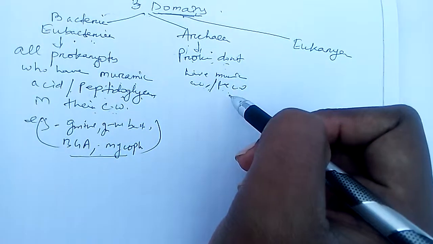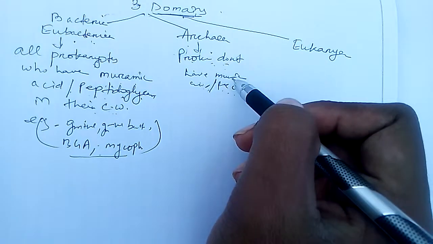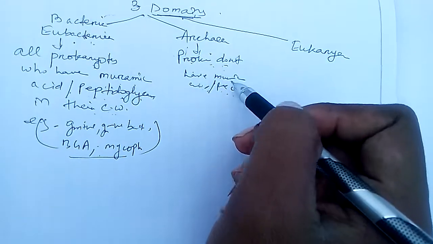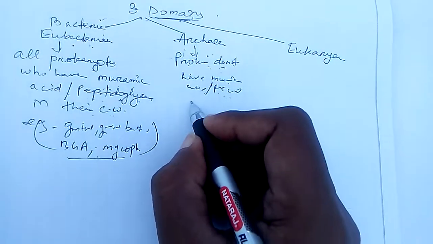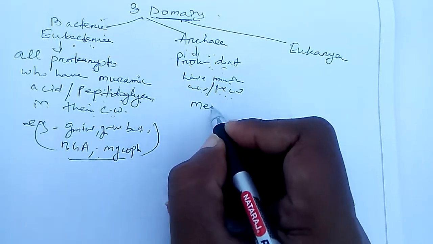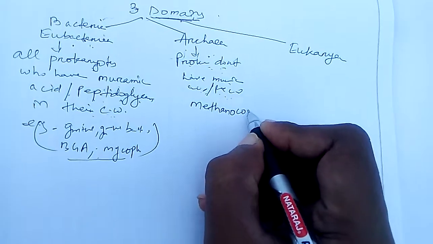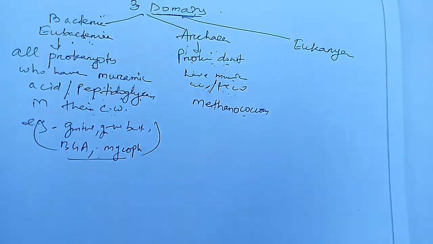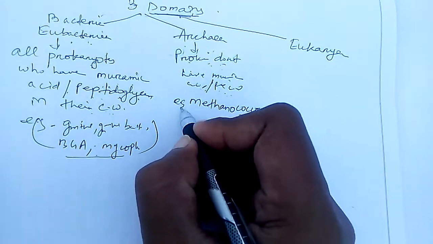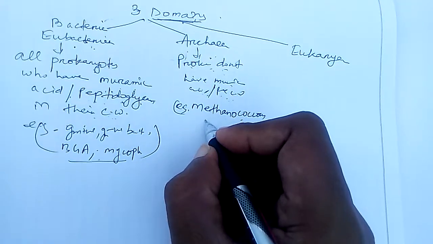That means those prokaryotic organisms whose cell wall is not made up of muramic acid or peptidoglycan are placed in this archaea domain. Such examples are methanobacteria or methanococcus. Because this bacteria is coccus shaped, that's why it is known as methanococcus bacteria.